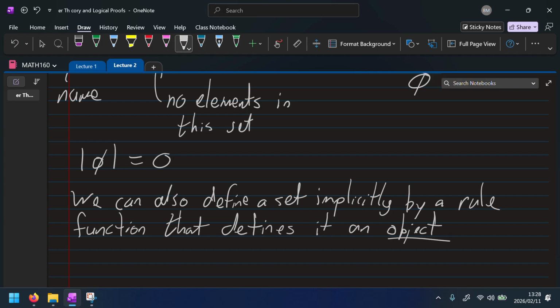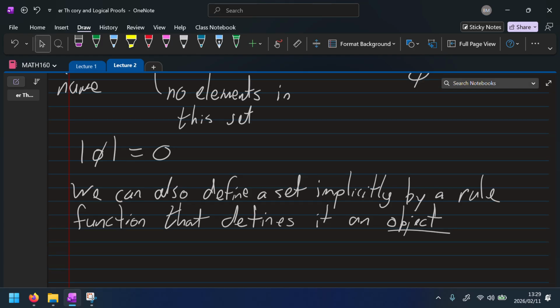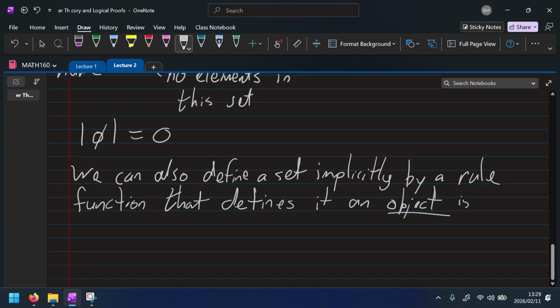Right, I call it object here because we don't know if it's in the set. If it's in the set, it's an element. If it's not in the set, it's not an element of the set, but it is an element of the complement. So again, we just call it object. Later on, we'll give it a specific name like number or function or whatever. Okay, it defines if an object is in the set or not in the set. Right, it can only be one of those two, like we had at the beginning.